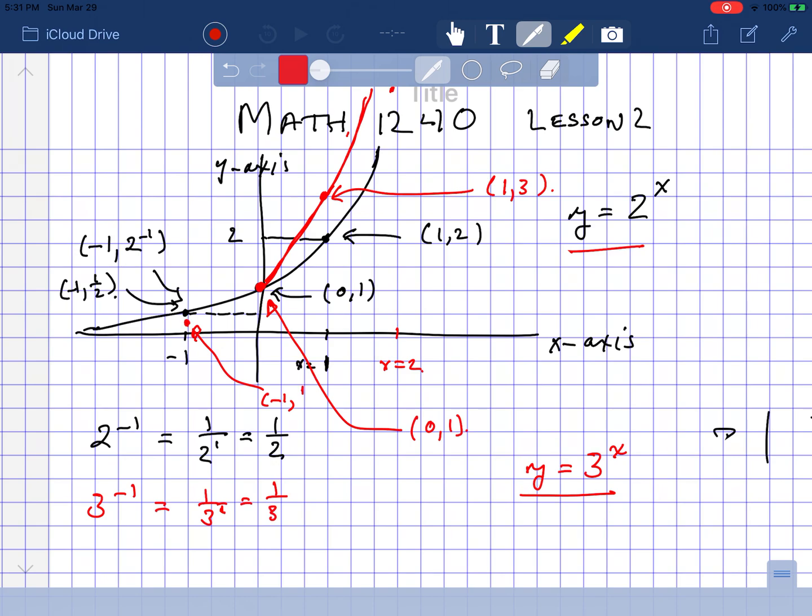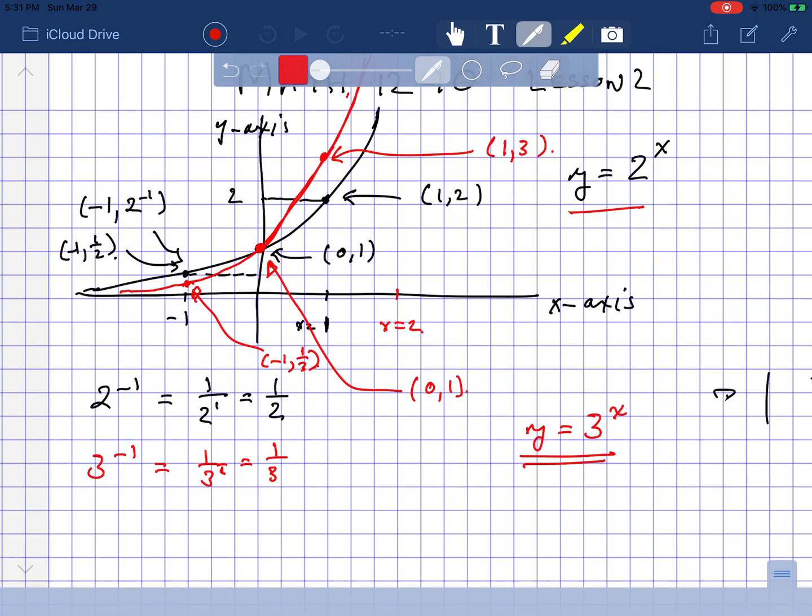So here we have a point -1, 1/3. And the graph of the equation y equal 3 to the x is going to pass through that point. And then it's going to decay asymptotically to the x-axis, just as the graph of y equal 2 to the x power does.